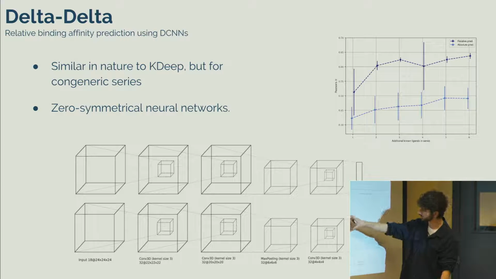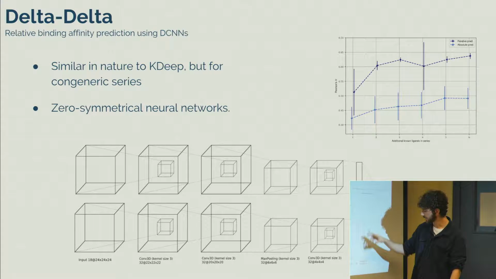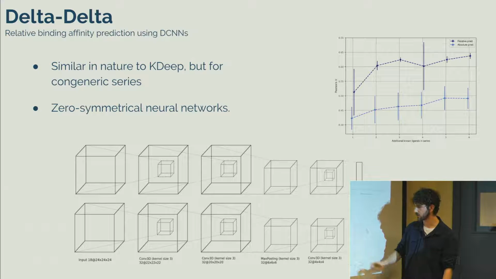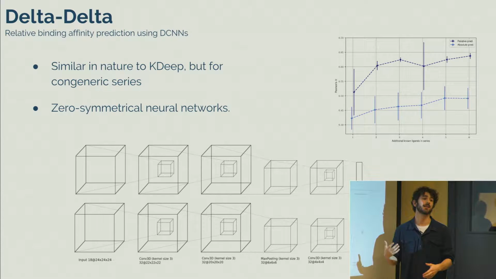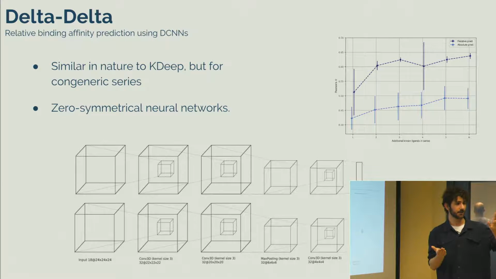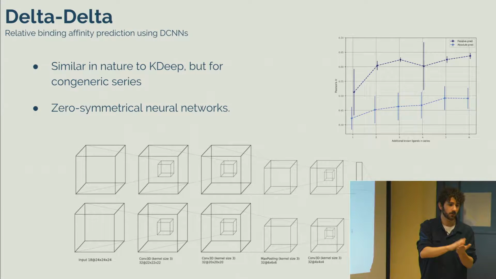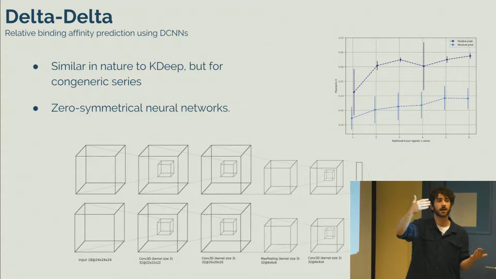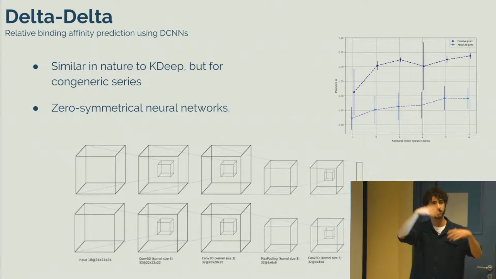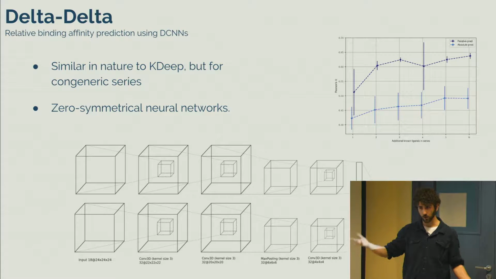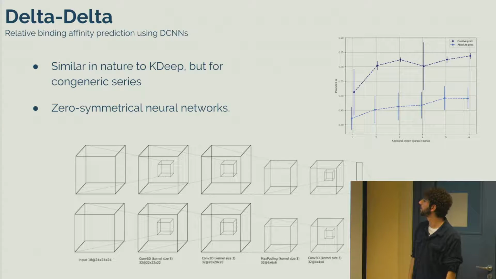When you put them together, you actually make a difference between these latent representations, and the output is the difference between the affinity of one ligand and the other. So maybe one ligand had 10 in affinity and the other has 11. So what you're trying to predict is this difference, which is 1. So you don't need to have information on the whole thing.